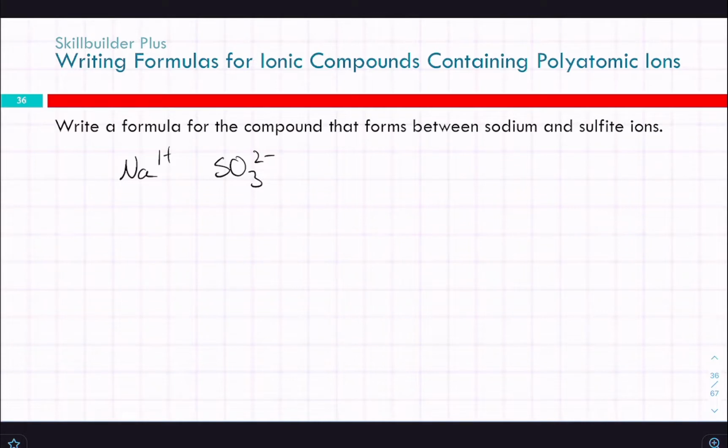So we can use the crisscross again and say that 2 is the magnitude of sulfite's charge. 1 is the magnitude of sodium's charge. So we're going to get Na2SO3. And you could go and check the charges if you wanted.